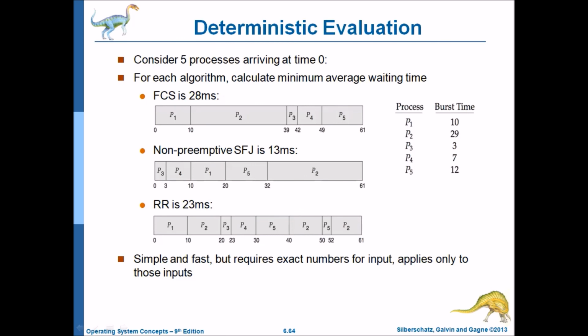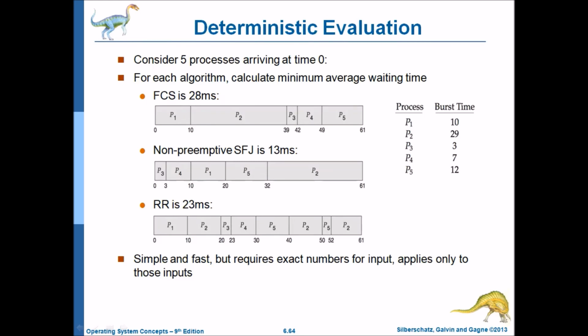So from here we can see that in this case, the average waiting time obtained with a shortest job first policy is less than half that obtained with first come first serve scheduling. The round robin algorithm gives us an intermediate value.